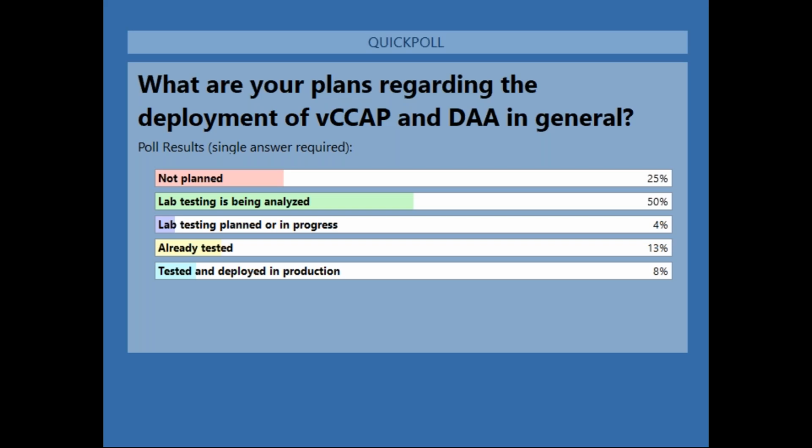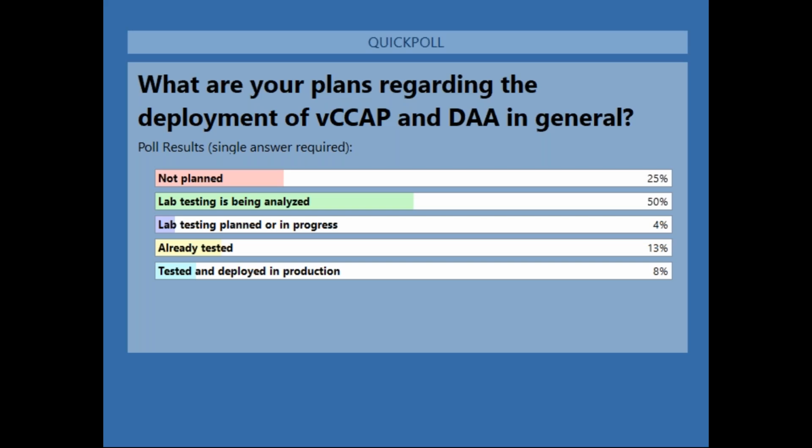I think this shows that there is a quarter of respondents that don't have anything planned yet, and 75% that are in some stage of either analyzing, testing, or deploying.